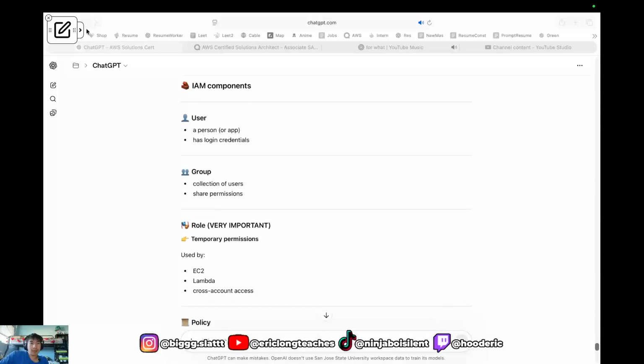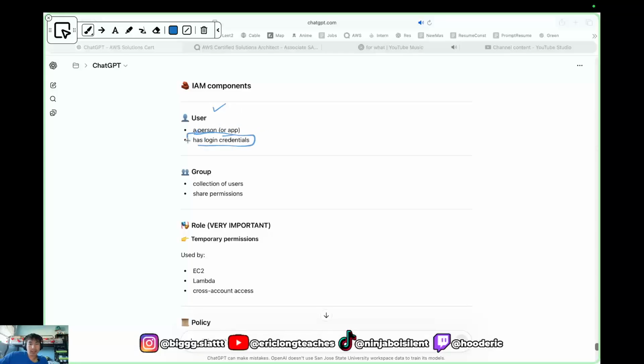Okay, so IAM components. Component 1 is a user, which is a person or an app. They have login credentials. A group is a collection of users, and they all share the same permissions. Now we have roles, which is really important. They give temporary permissions, and they're used by EC2, Lambda, and cross account access.